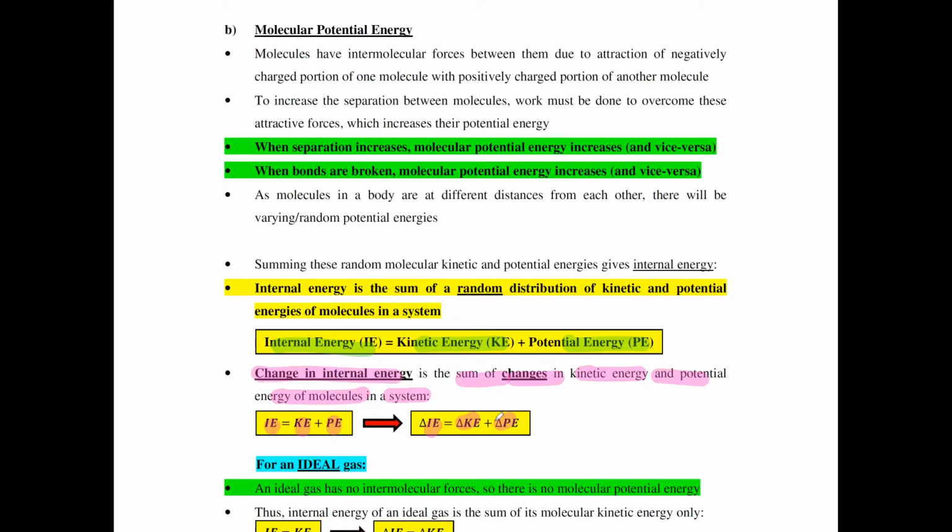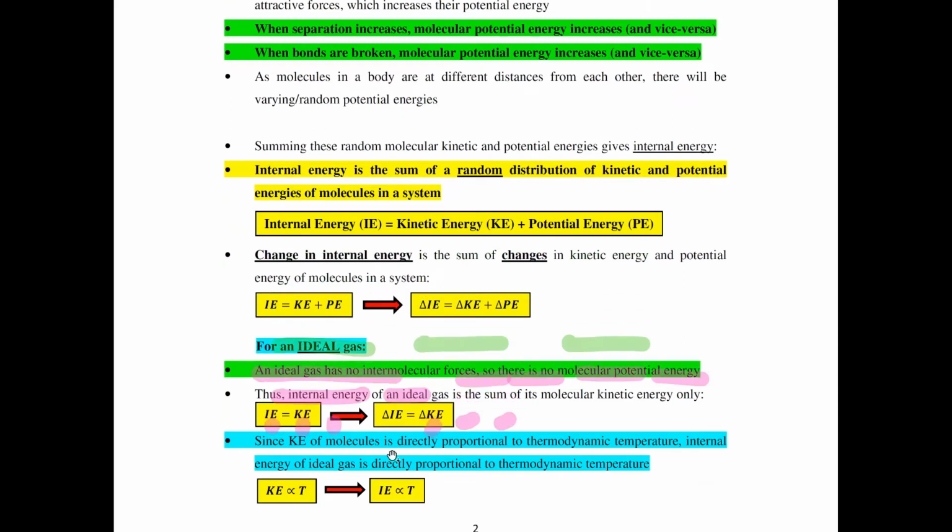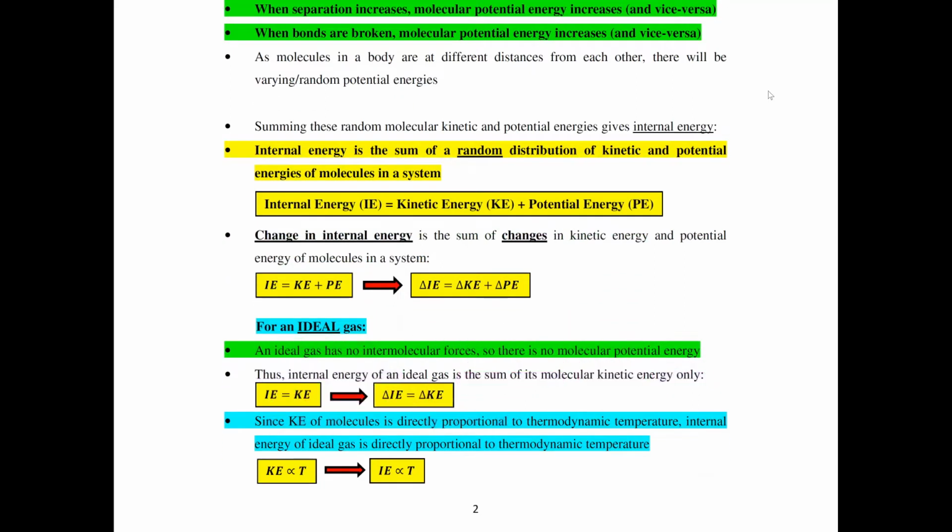Now from here, you need to be careful a bit once you deal with ideal gases. If you're taking chemistry, you probably already learned about ideal gases. Physics A2 also has a chapter called ideal gas, but I haven't gone through it with you yet. One of the things about an ideal gas is that it has no intermolecular forces.